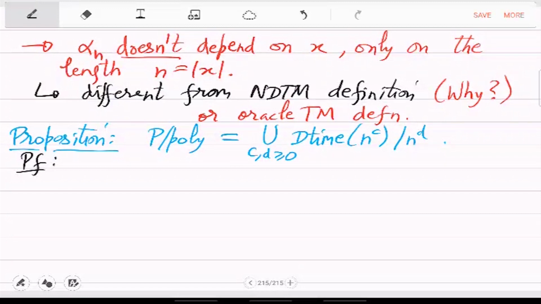Okay, so this is another way to define P/poly using Turing machines. Here there are no circuits, right? This is just by Turing machines.